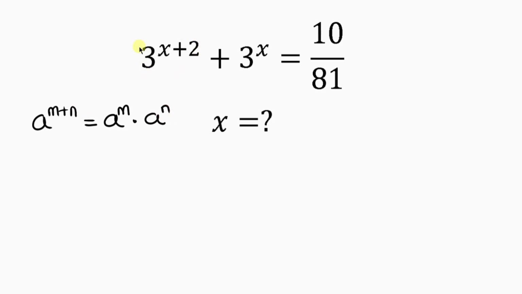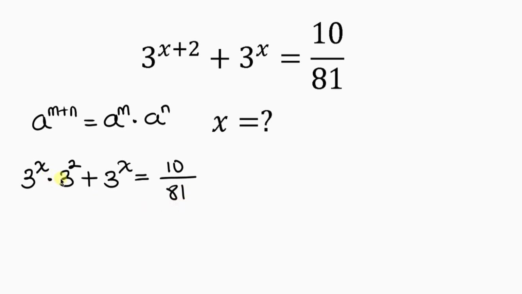That means this expression can be written as 3 to the x times 3 to the 2 plus 3 to the x, and this is equal to 10 all over 81.